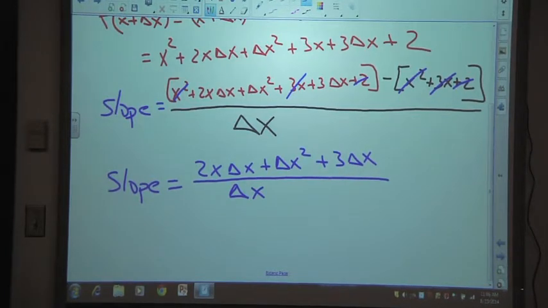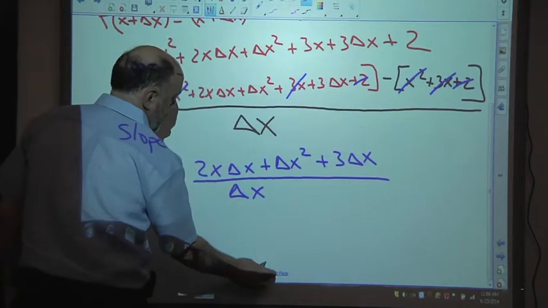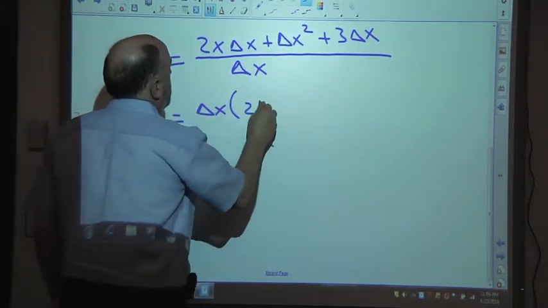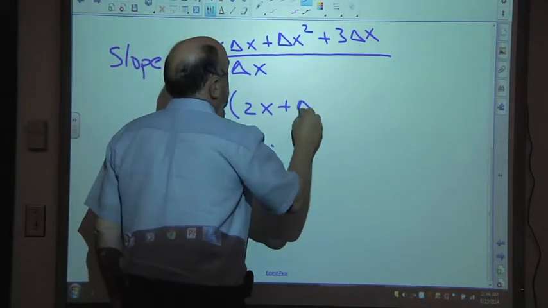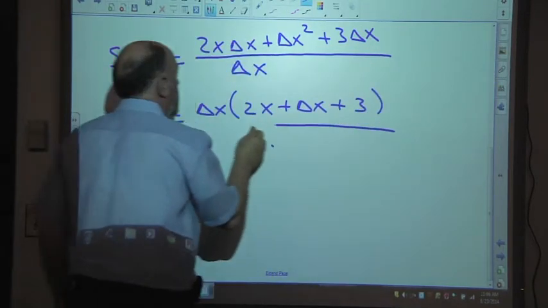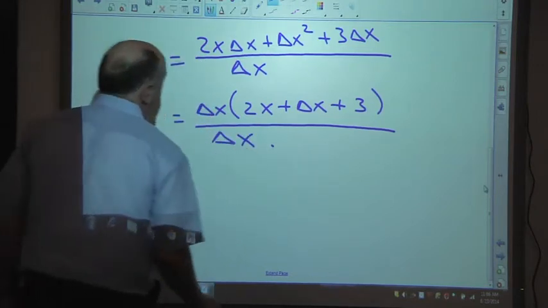Well, again, I look at the top, I see that delta x is common in every term, therefore delta x can be factored out. And so if we do that, we get delta x times 2x plus delta x plus 3 all over delta x. And these will go away.